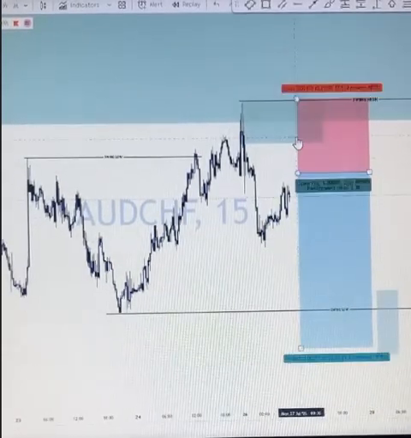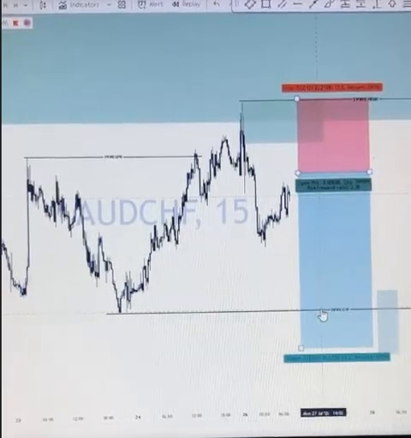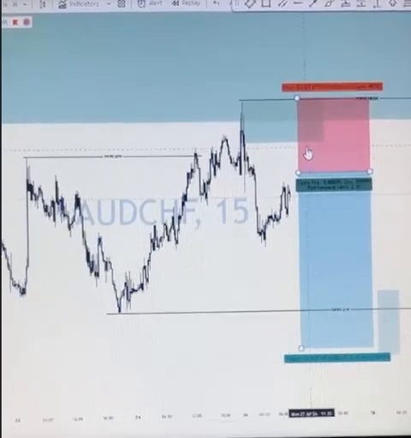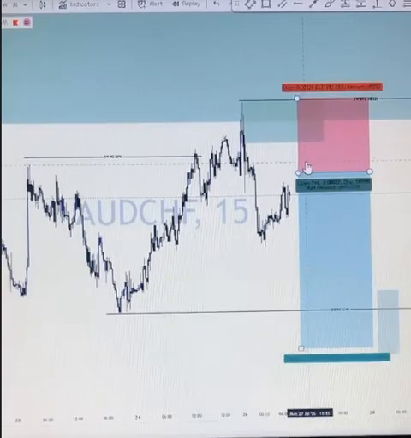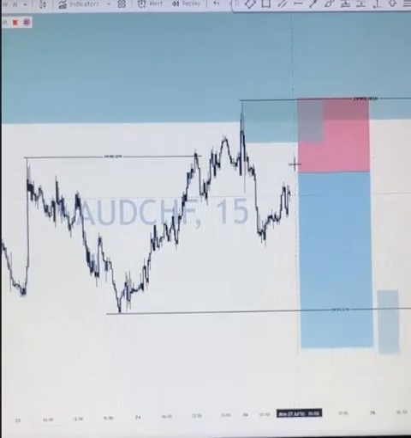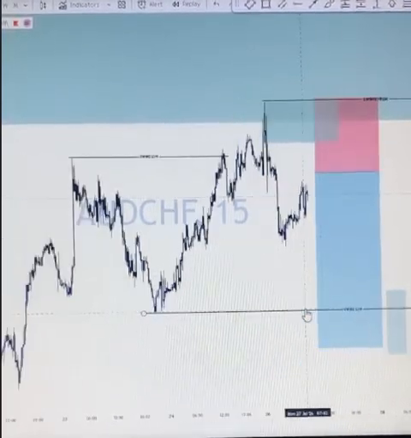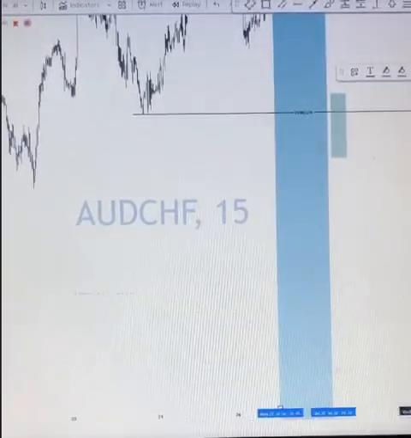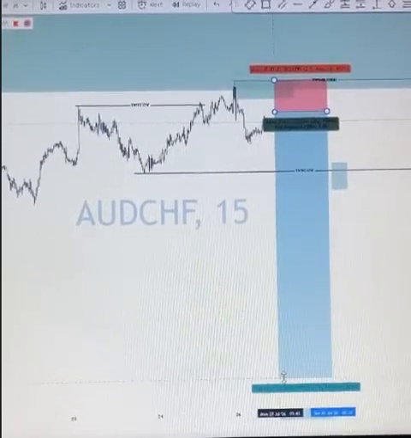So if we are selling on 15 minutes when 4 hour is still bullish, it means that we are going against 4 hours. So if you are selling here, don't sell too much. Also know that the probability of it failing is high. But when you sell here, watch out to see if you get a breakout of this low. The moment you get a breakout of this low, guys, hold your trade. Hold it till we reach the daily low.